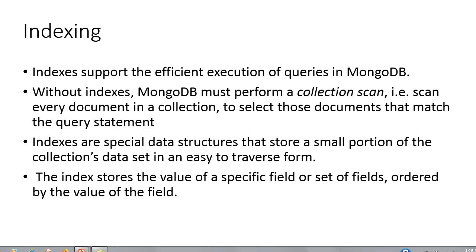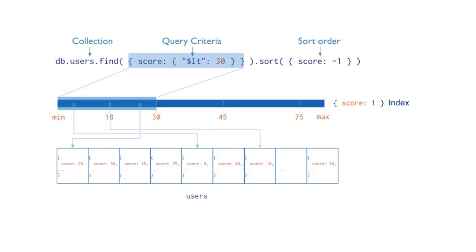Let's see in a figure how exactly the index can be applied. See here, the diagram illustrates a query that selects and orders the matching documents using an index. Here you can see db.users.find. So we are talking of the users collection.